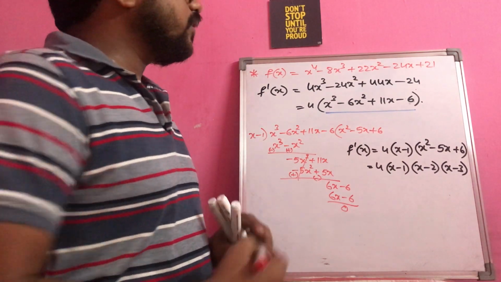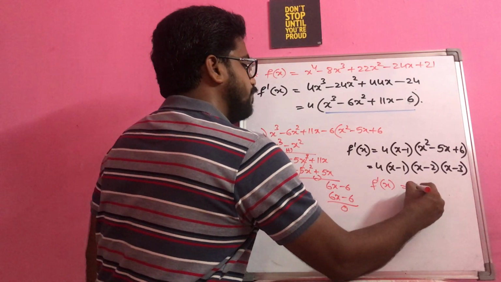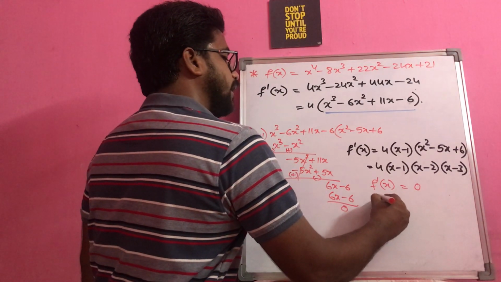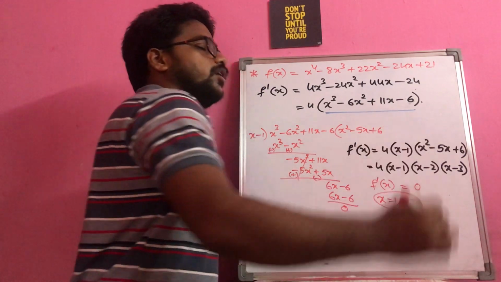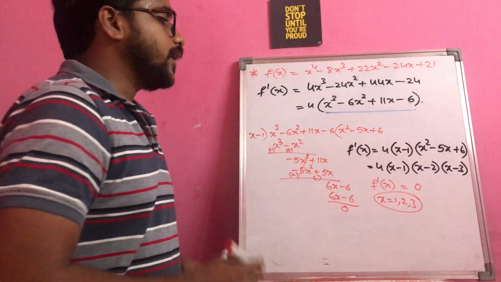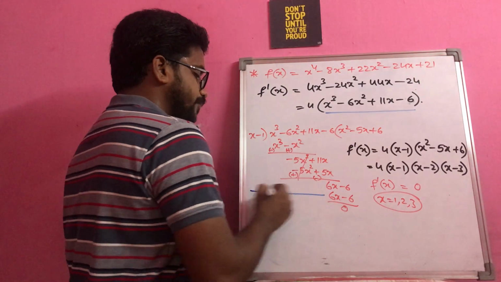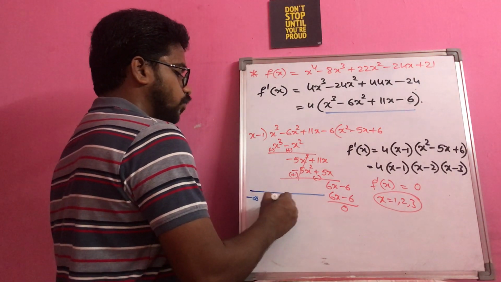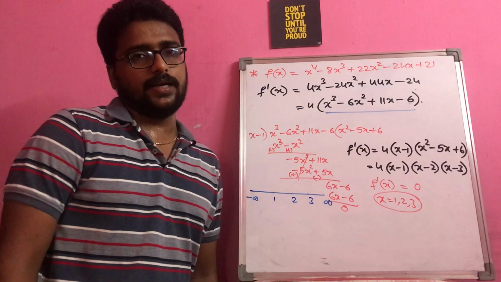Now obviously our next step will be, we have to equate f dash of x to 0, and then you will be getting x equal to 1, 2, 3 as the solutions of this given f of x function. So that means if you just draw the intervals, you will be getting minus infinity, 1, 2, 3 and infinity.